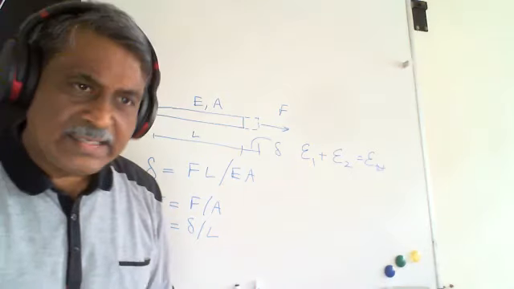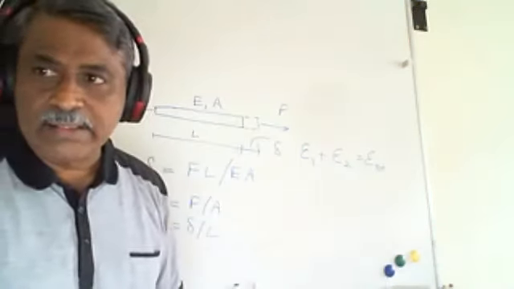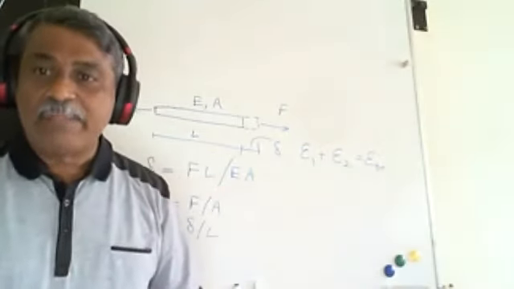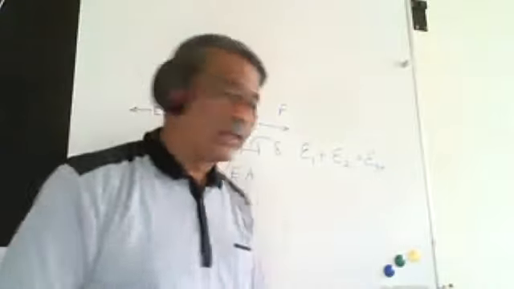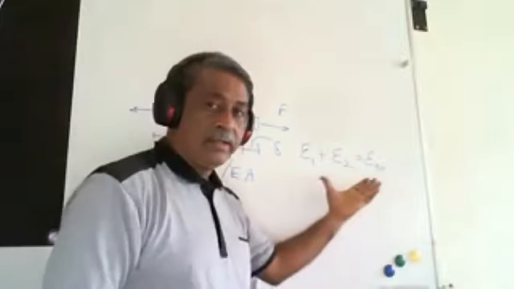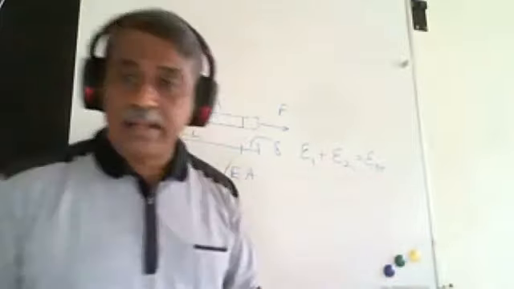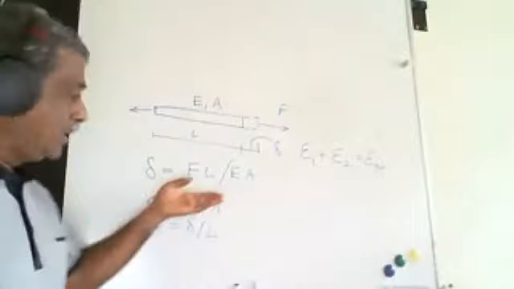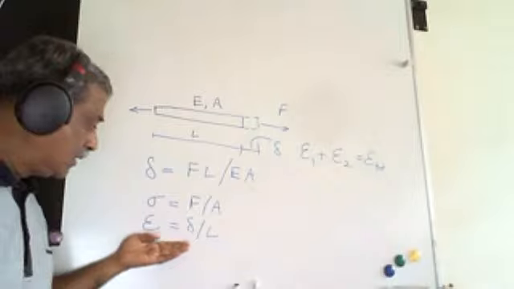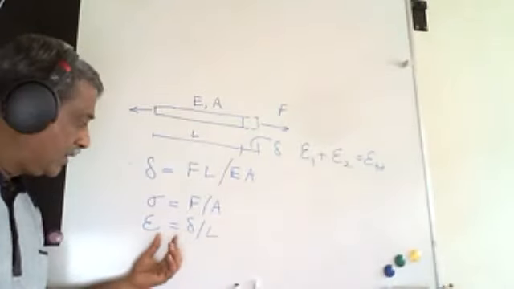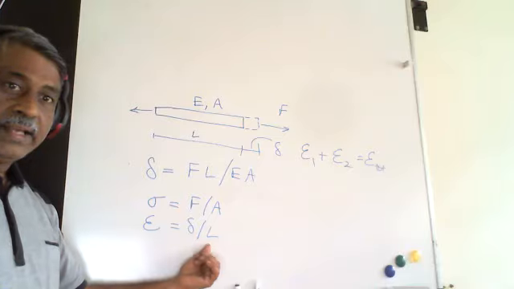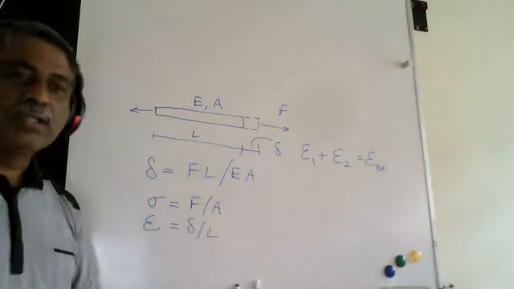Let's say it's in the same direction. When can I add? That's the question. When the percentage change is very small. Correct, Nisha. So the point here is I cannot just take strains and add them arbitrarily unless I tell you very clearly that the strain I'm looking at is such that this delta is very small compared to the length L, by orders of magnitude.